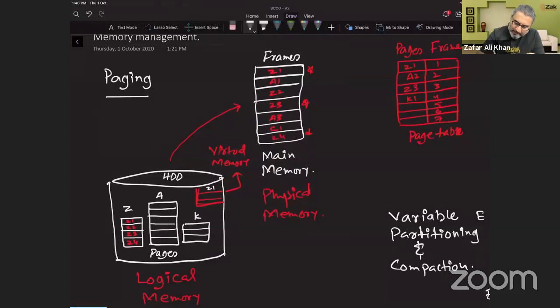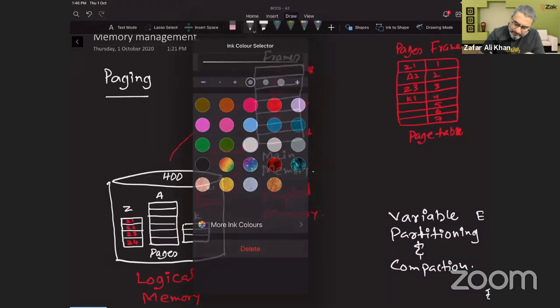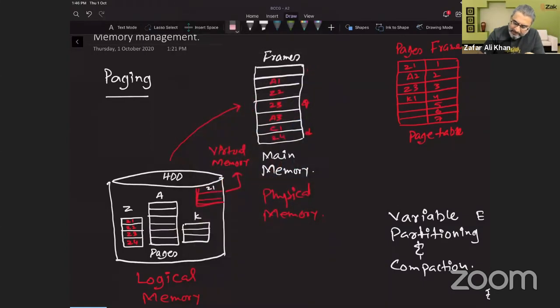This page frame is now available, the mark for idleness is gone, and we will load K1 into it. So all of those pages which are idle for the most time are offloaded to the virtual memory, and then the new page that is required is loaded. That is the second advantage.